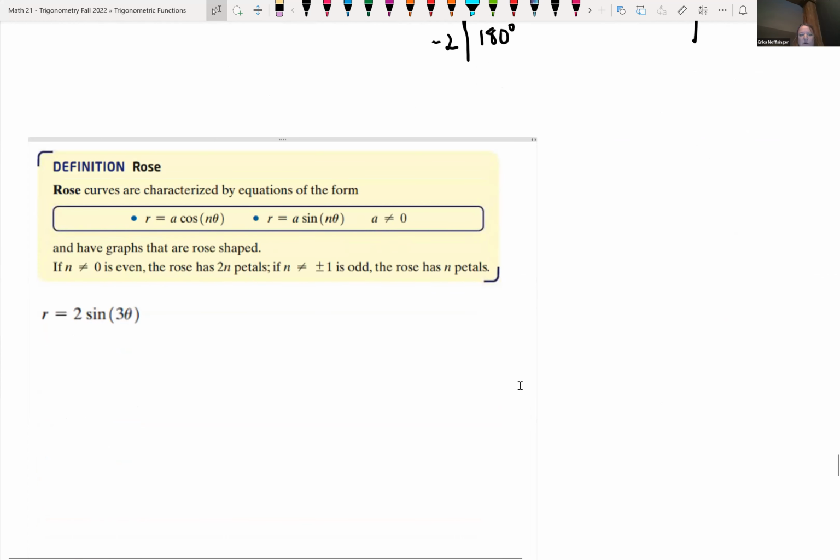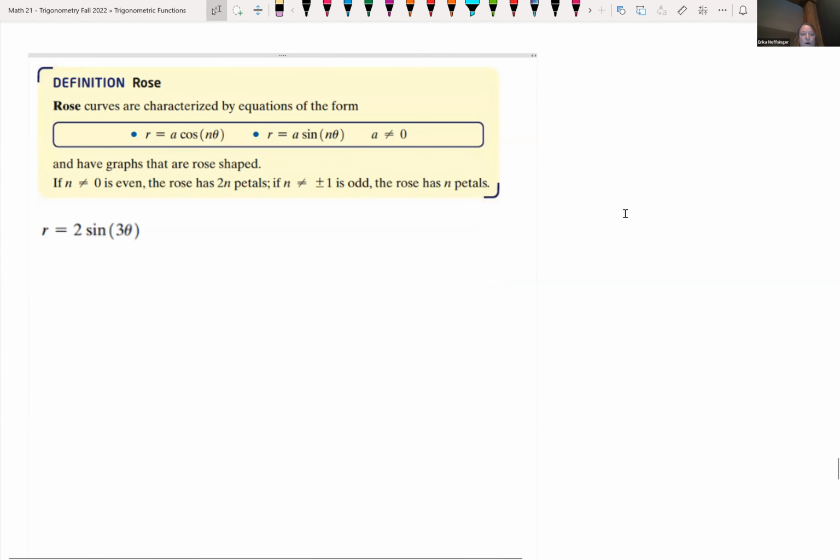So we can get what are called roses or a rose. So in front of us is a definition of a rose. Rose curves are characterized by the equations of the form r equals a cosine of n theta, or r is equal to a sine of n theta, where the coefficient a can't be 0.